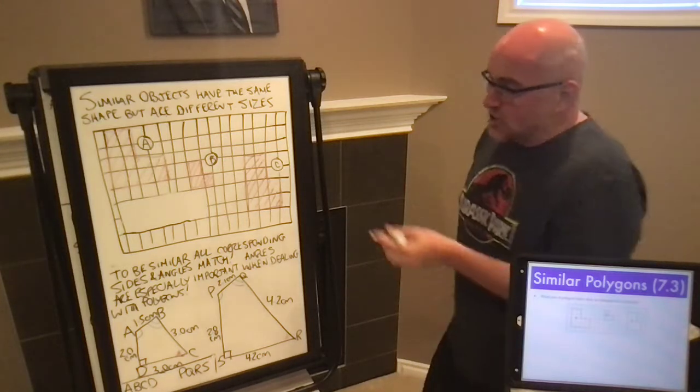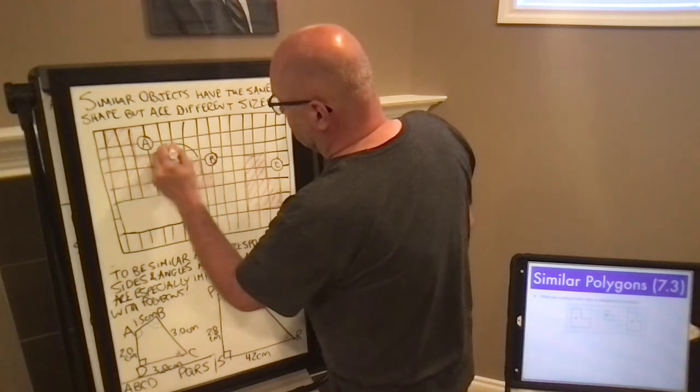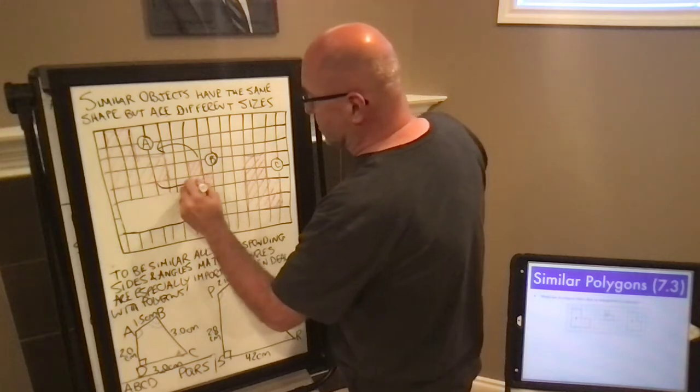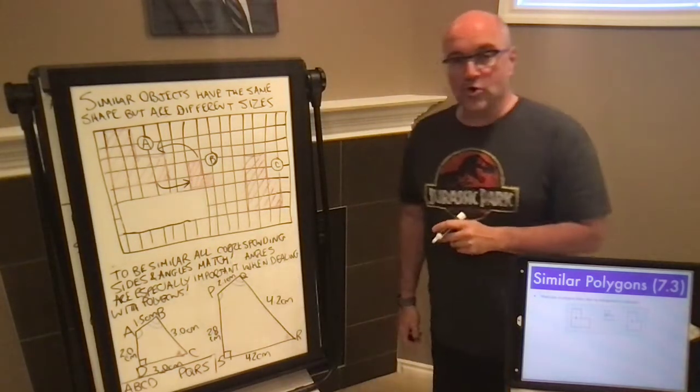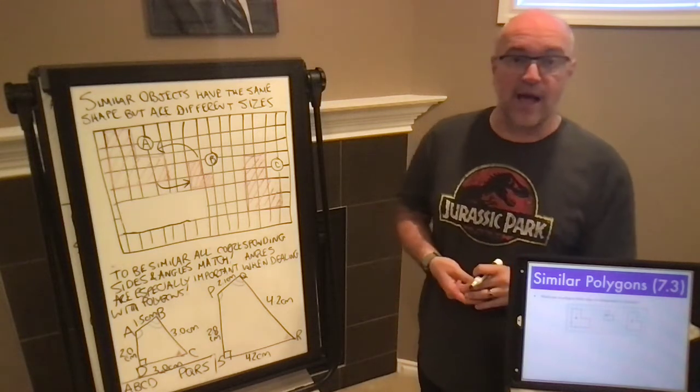The answer is actually A and B. You could say that B is being enlarged to A, or that A is being reduced to B, because all of their sides have basically the same scale factors.